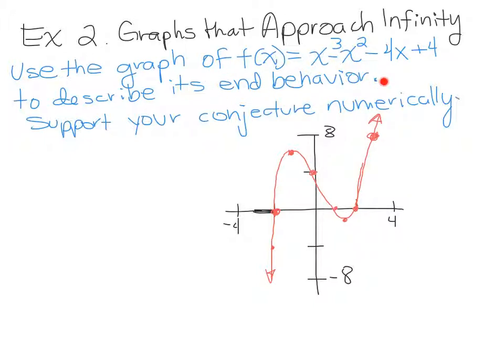And end behavior is what happens to the function as you approach infinity to the right, infinity to the left. Like end behavior, what happens at the end as you move to the right, as you move to the left. And then we have to support our conjecture. The conjecture is just a conclusion. Numerically means by using a table, by using numbers.